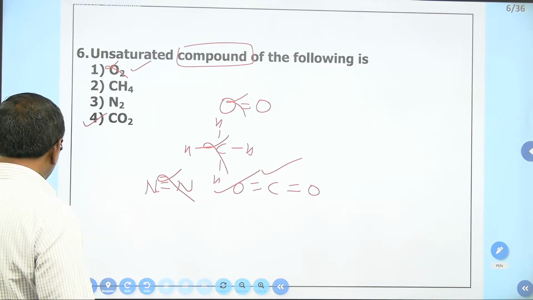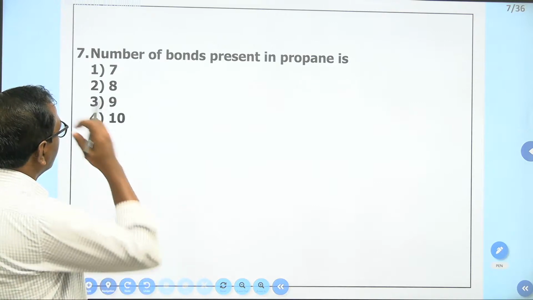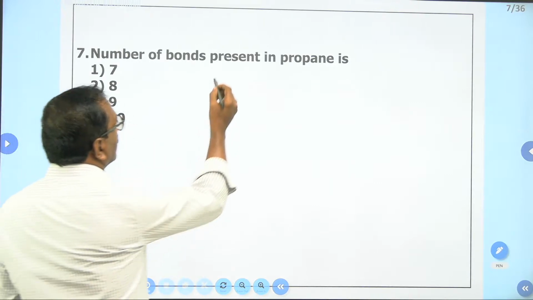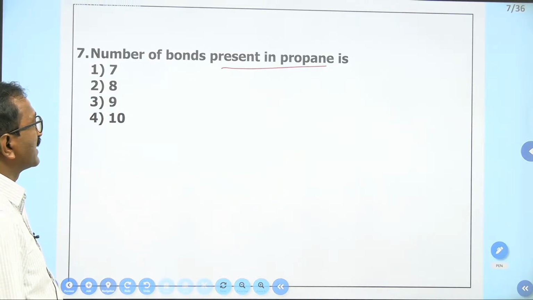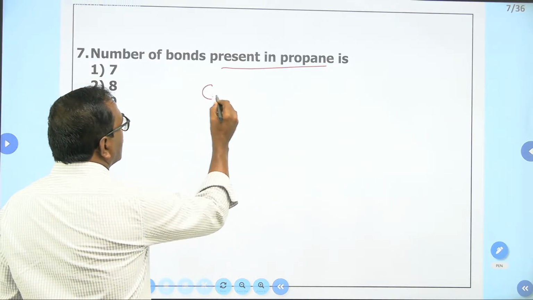Now, next question. The number of bonds present in propane.